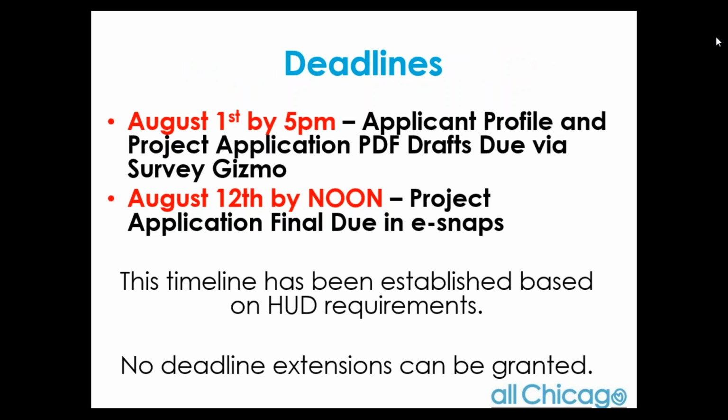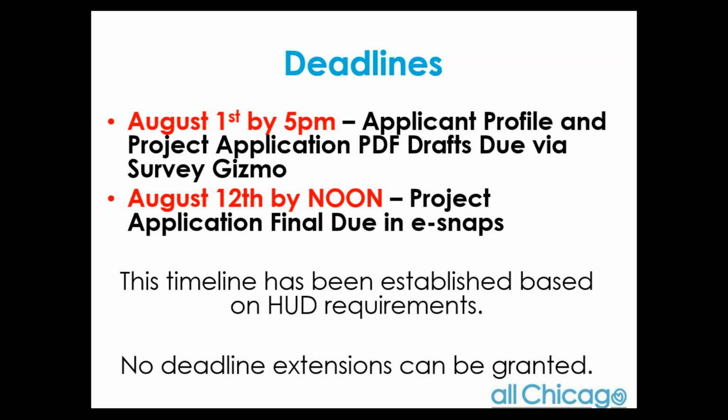So here are your deadlines, just so we're clear. The applicant profile and the project application PDF drafts are due via Survey Gizmo by August 1st at 5 p.m. And then we will do a review here at All Chicago and provide feedback to you, most likely by August 8th.